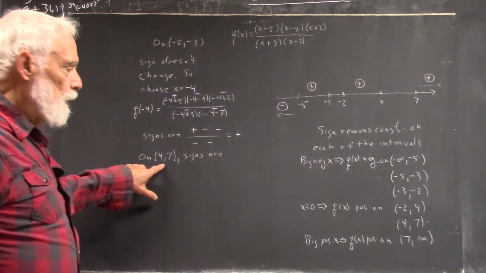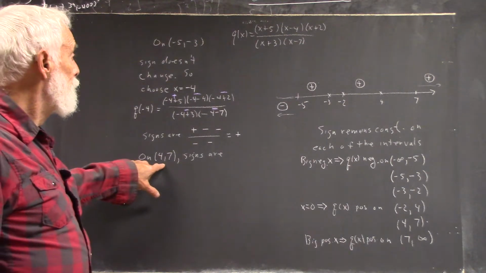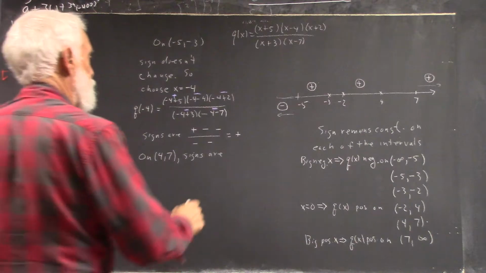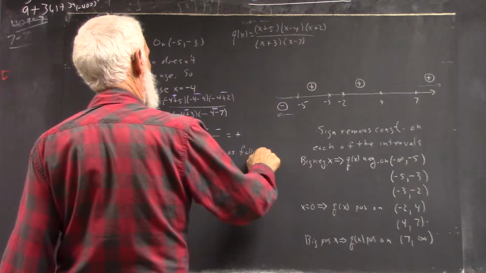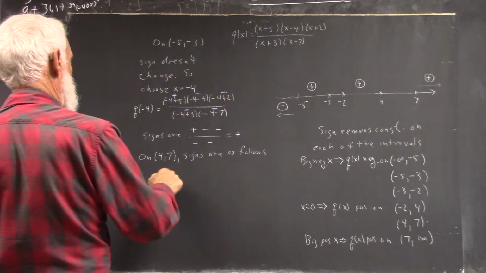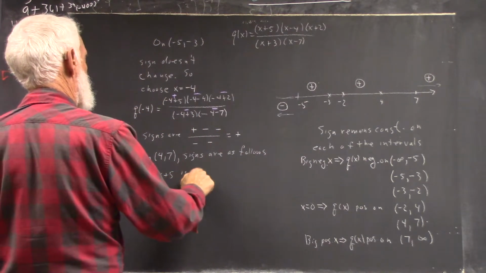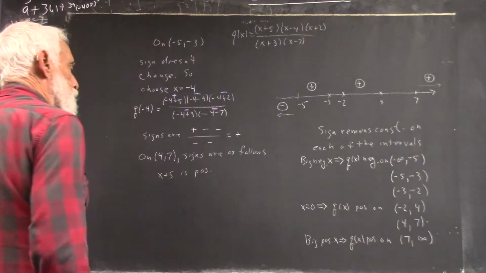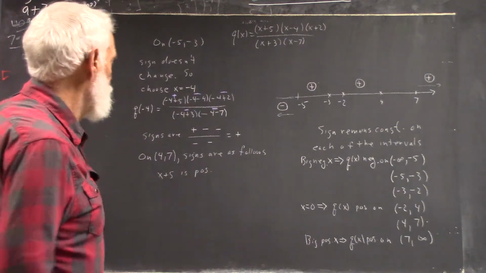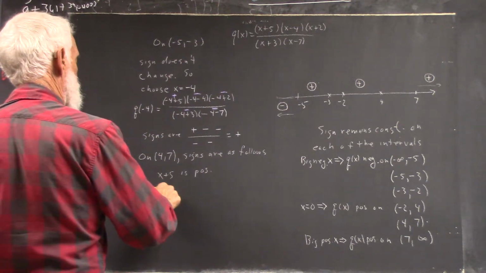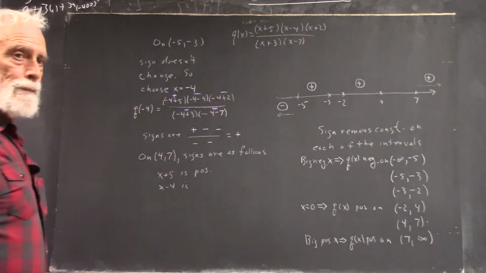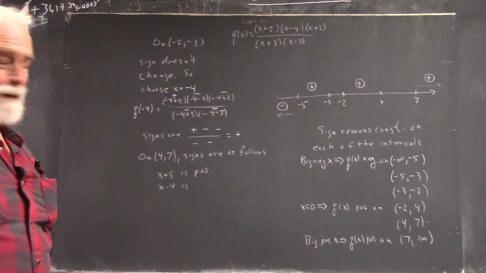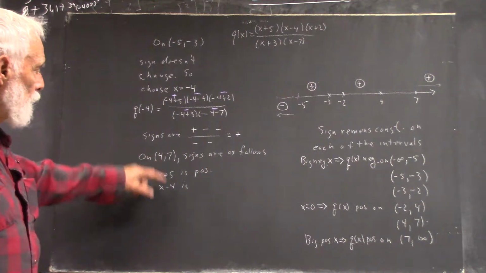Okay, if X is between 4 and 7, and I'm just doing the signs of the factors. X plus 5 is positive. X minus 4 is what? Well, if X is 4, what's X minus 4?